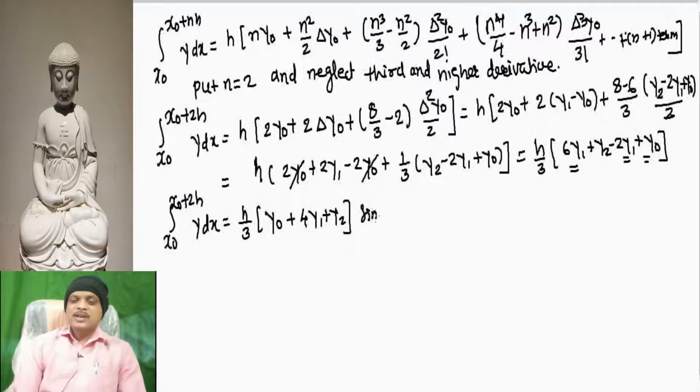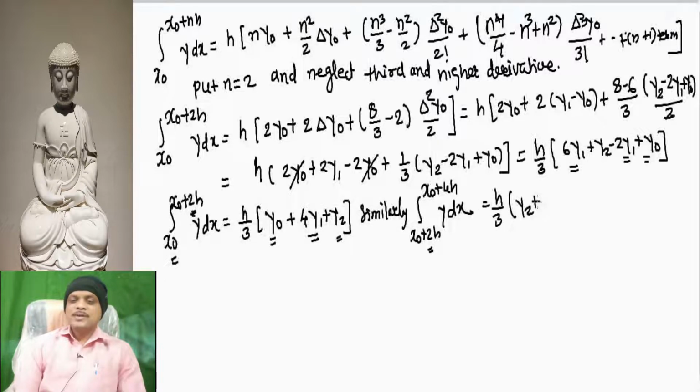So friends, similarly, we can see if we take the limit x0 plus 2h to x0 plus 4h, look at the first term. Whenever there was x0 we had first term y0, then 4 times the middle term y1, and then y2. Hence here the first term is y2, so we have h divided by 3 into [y2 plus 4 into y3 plus y4].